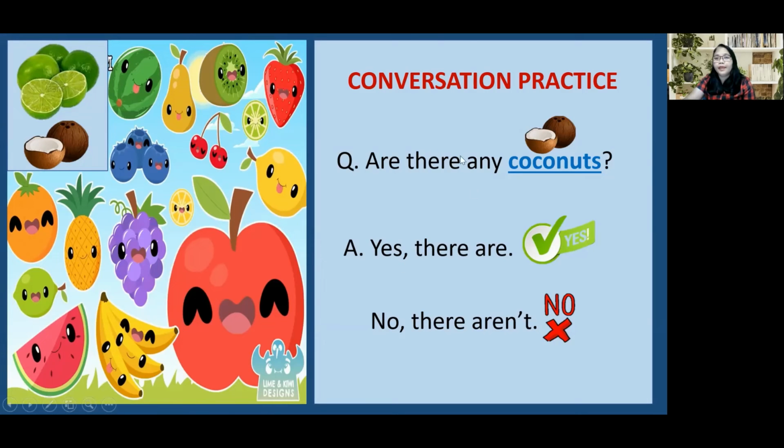Notice in our question, the highlighted word is coconuts. Are there any coconuts? Look at the picture on the left side. Are there coconuts on this side?